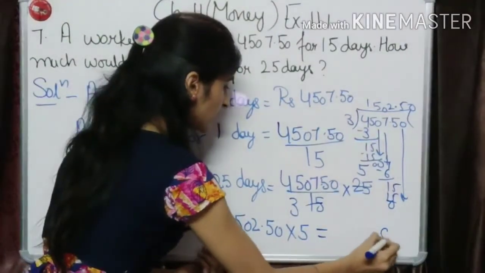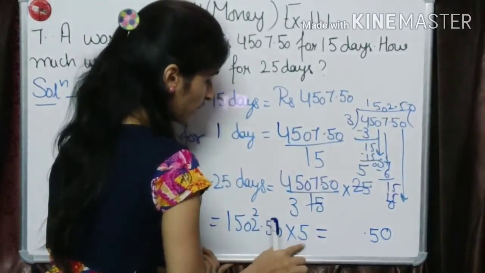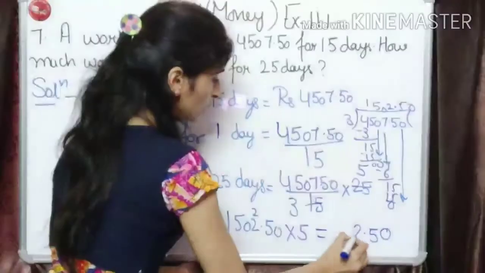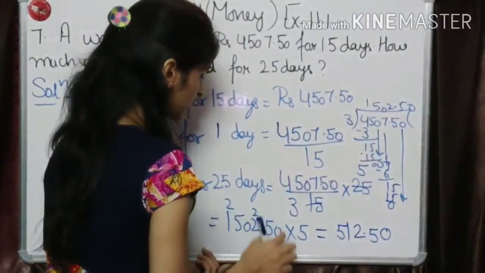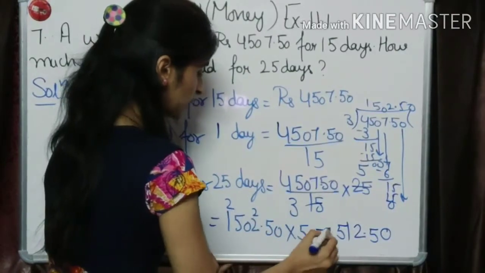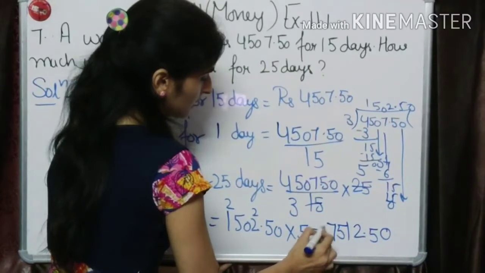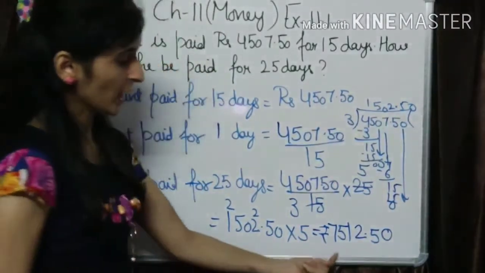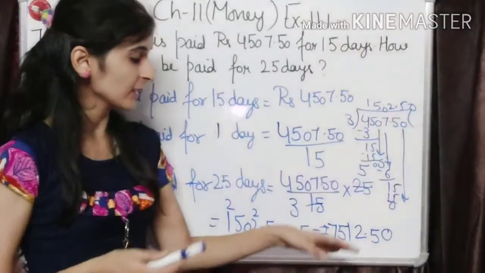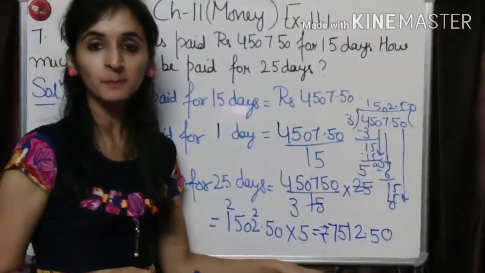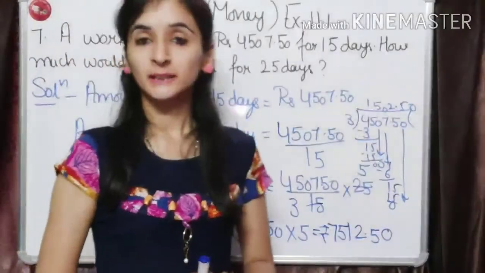So 5 0s are 0, 5 5s are 25, 2 carry, 5 2s are 10, 10 and 2 12, 5 5s are 25, 2 carry, 5 1s are 5 and 2 7. So rupees 7,512.50, or we can say rupees 7,512 and 50 paise was paid to the worker for 25 days.